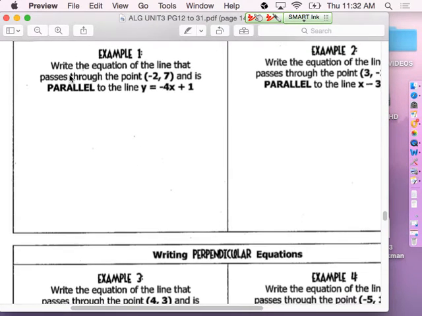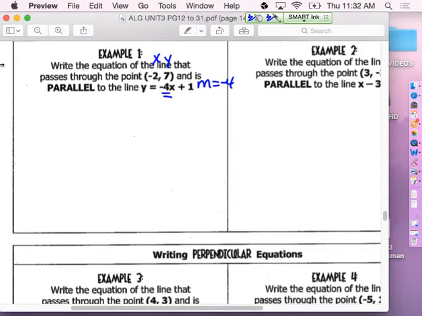Let's go through example 1 first. You're given a line and you're asked to find the equation of a line that would be parallel to the line that's given, but I would like for my new equation to go through the point (-2, +7). The only information I need from my given line is its slope, and then I put it aside.